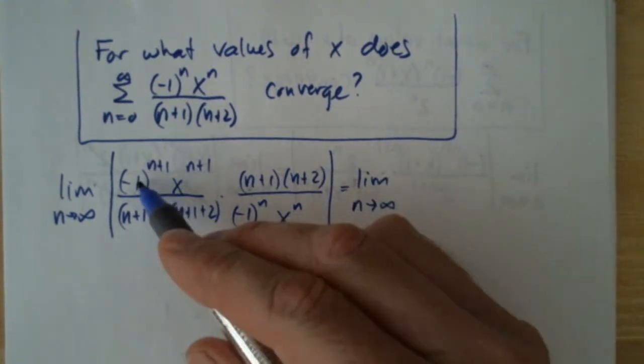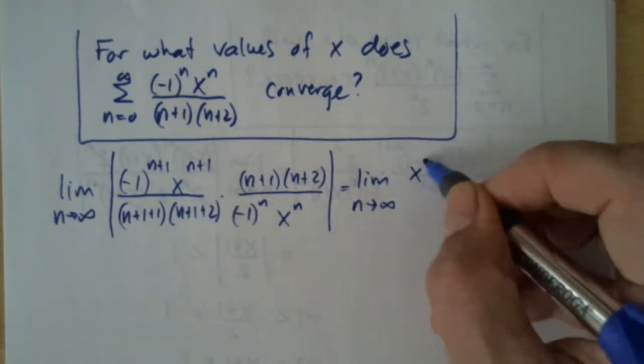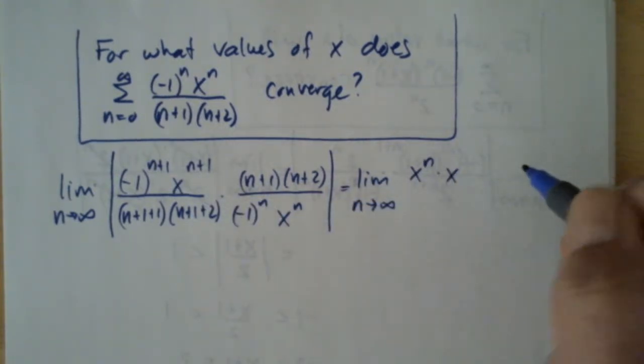We don't need the negative anymore because we're doing absolute value, and we'll separate the exponential here.